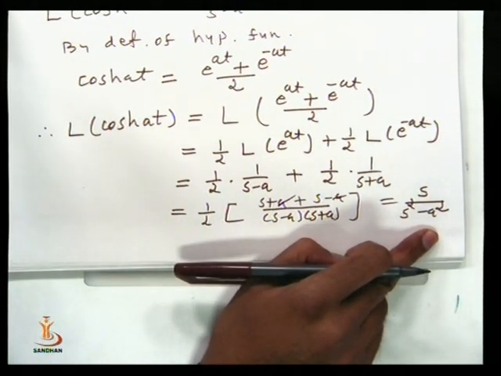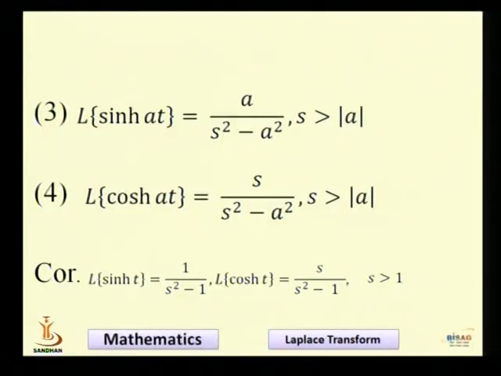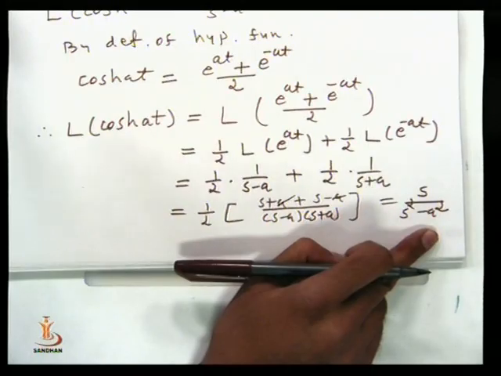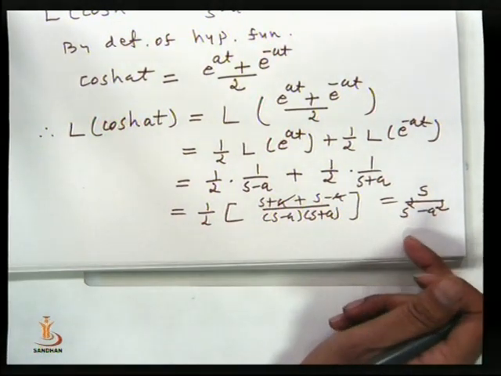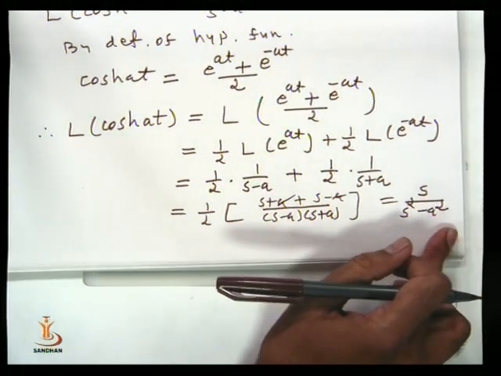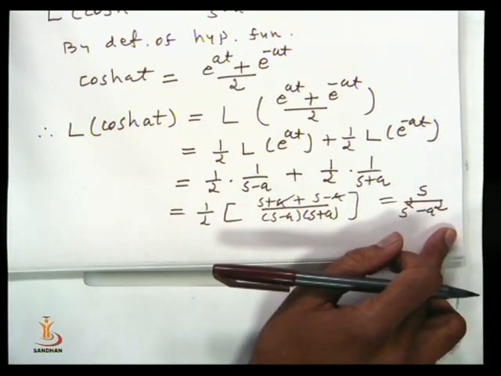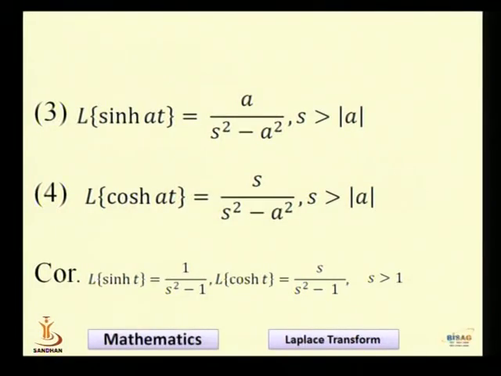So we have derived two: Laplace of hyperbolic sin at is a upon s square minus a square, and Laplace of hyperbolic cos at is s upon s square minus a square. From these two we will now derive two corollary.